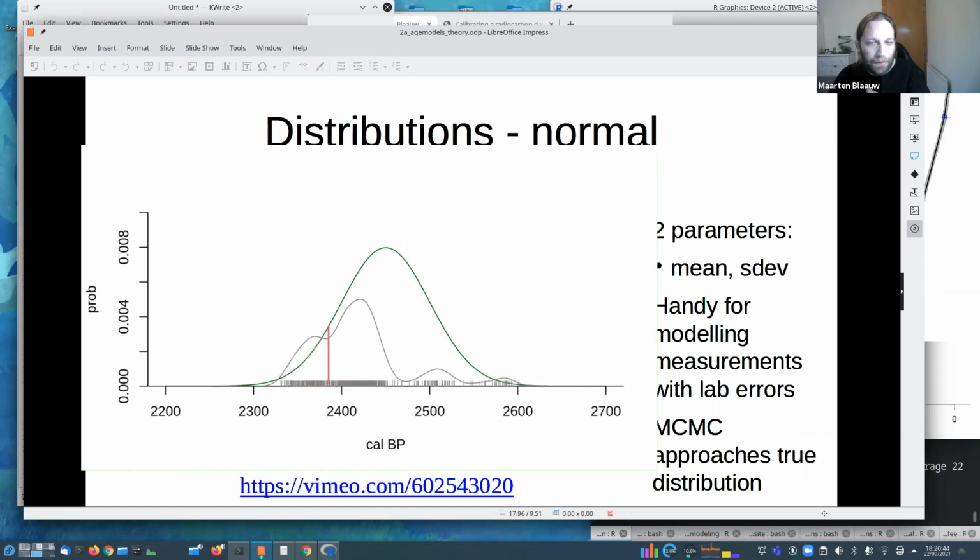And if it's lower, it will be less likely to be accepted. That simple approach, using one parameter, will in the end give this gray distribution that more or less fits the true distribution, which is the one in green here. So this process of learning from your data through a Markov chain Monte Carlo works quite well.